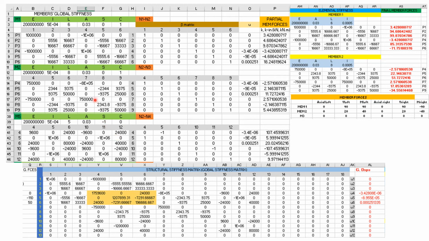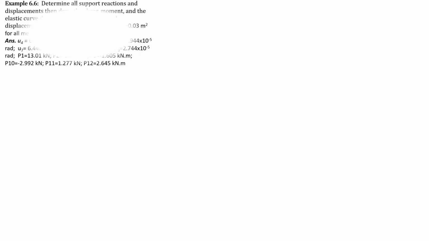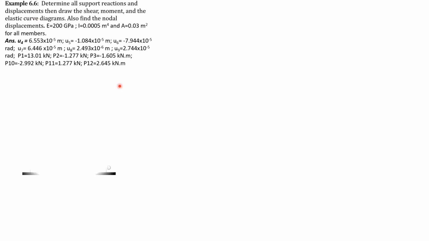So you just look at the results and compare it with the results earlier solved manually. So this is problem 6.6 of your handouts. So definitely we have 3 degrees of freedom at D, another 3 degrees of freedom at D. So that makes it 6.